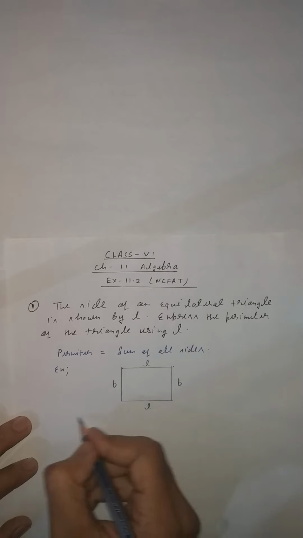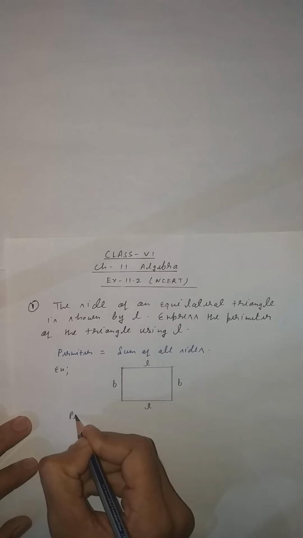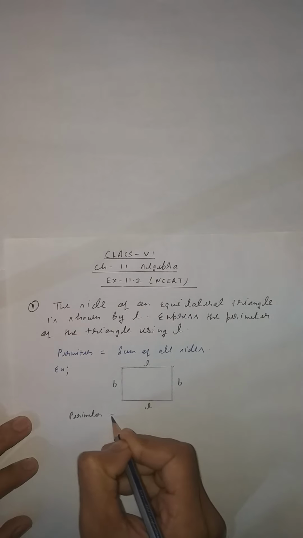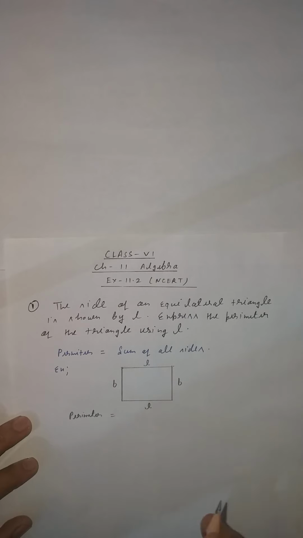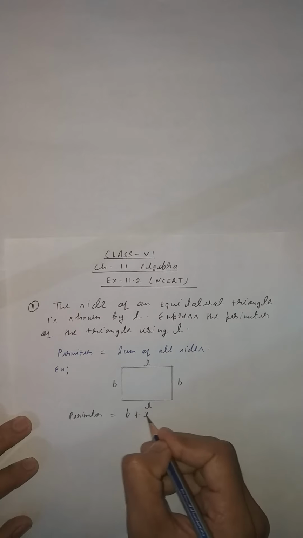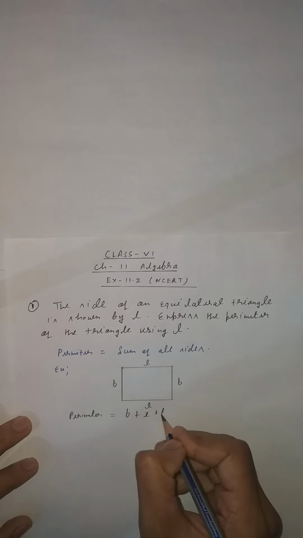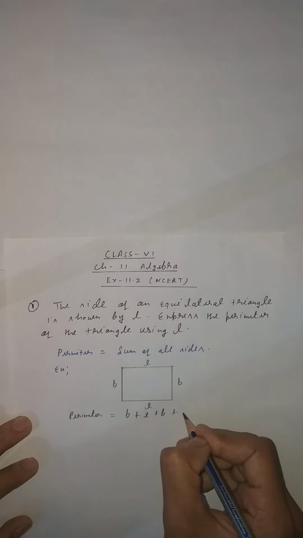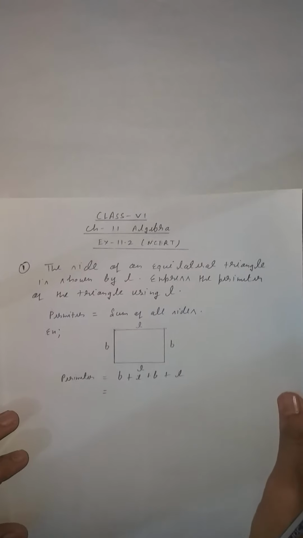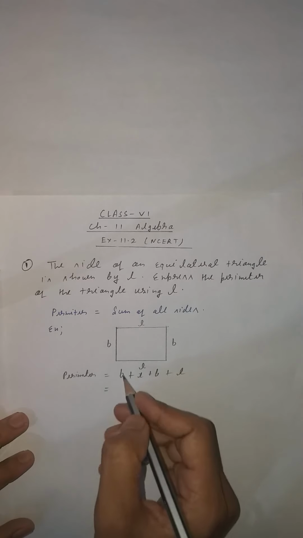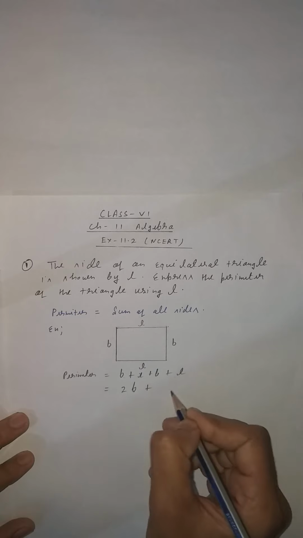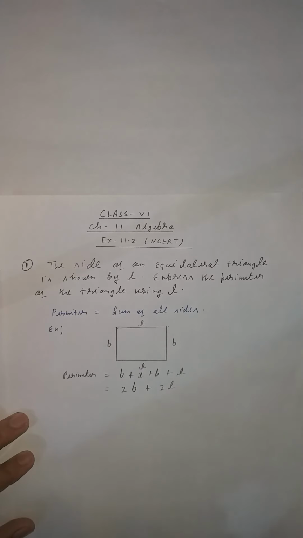If you have to find out perimeter, write down perimeter equal to, and you will add all sides. The first side is B, so write down B. Second side is L, so write down L. Third side is B, and fourth side is L. So 2 times B becomes 2B plus 2L.